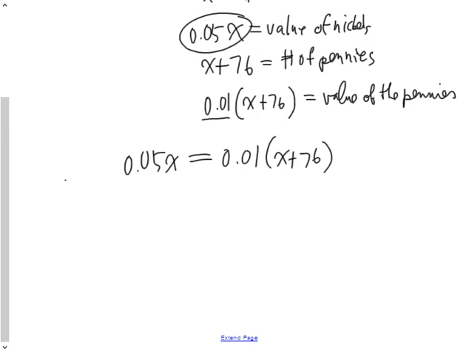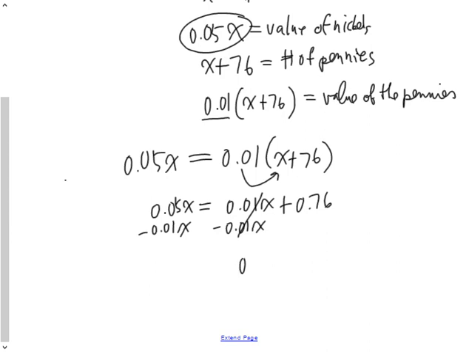Okay, so let's expand this first. 0.01x plus 0.01 multiplied by 76 is 0.76, equals 0.05x. Variables on both sides, so I'm going to subtract this amount of x from both sides.